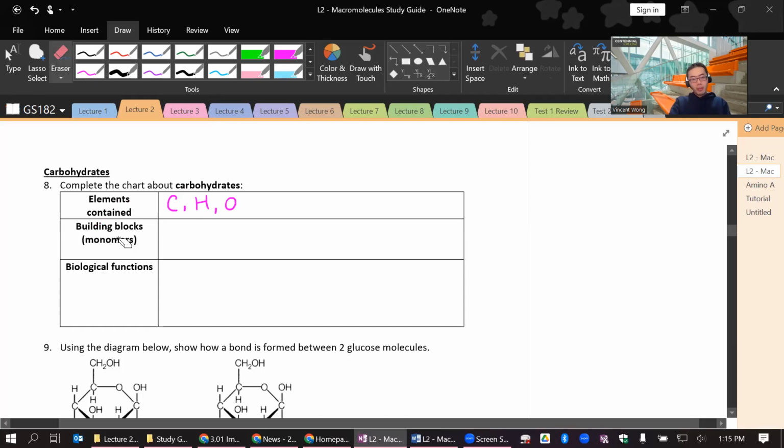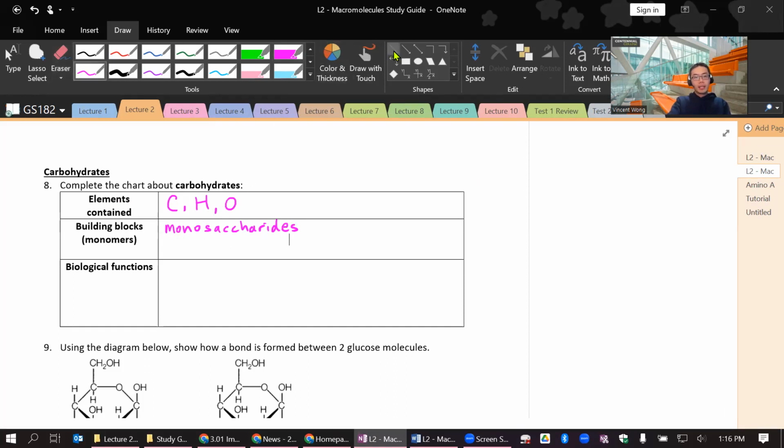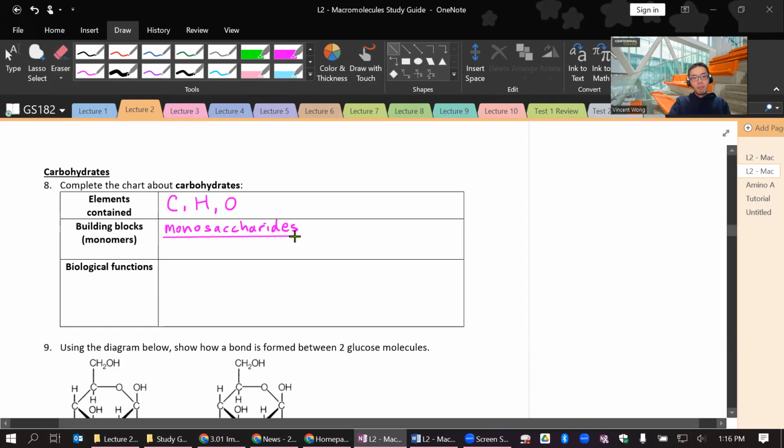The monomers, the building blocks that we have for carbohydrates, are all called monosaccharides, which means single sugar. And there are 3 monosaccharides that we talked about in class.